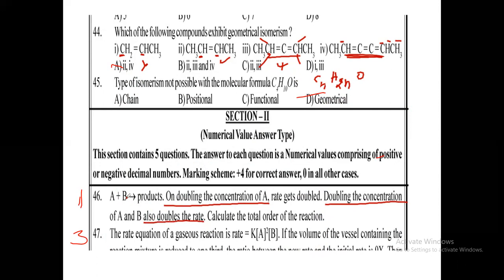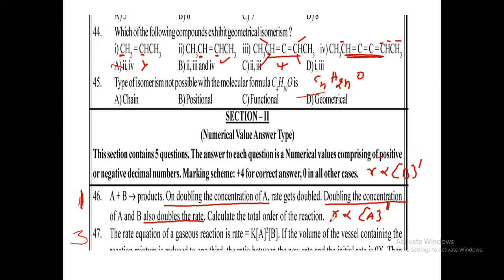If you double B concentration or A concentration, we are getting what? The rate doubled. In this case, the rate is directly proportional to the concentration of A to the power of 1, and also directly proportional to the concentration of B to the power of 1. So what is the power of the concentration of A? 1. That's why the order of reaction will be 1 here.